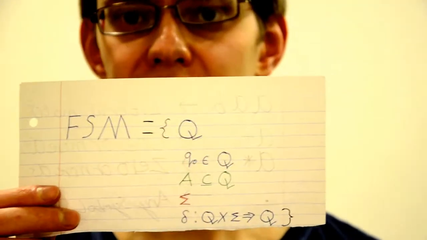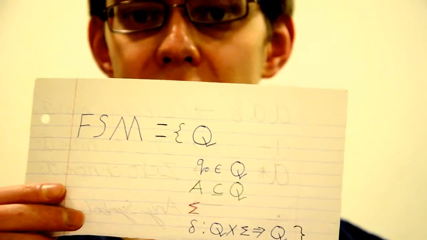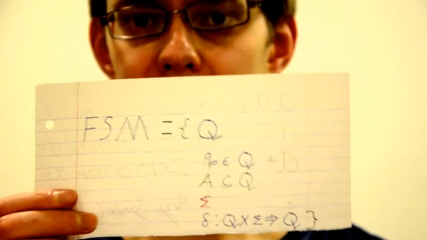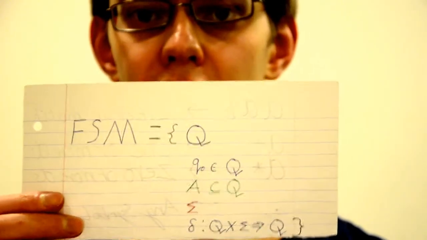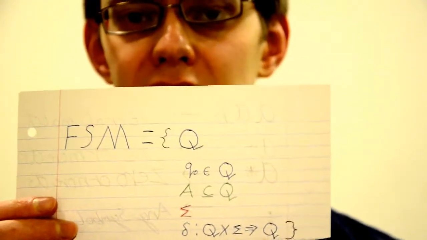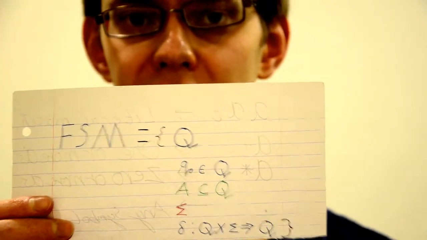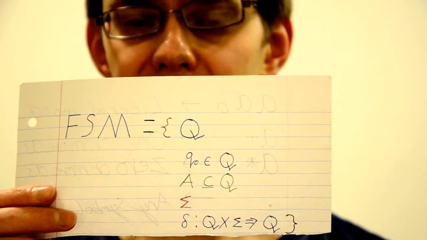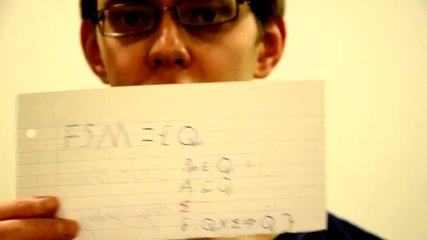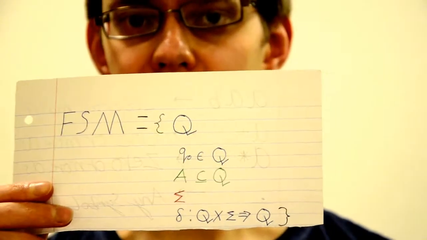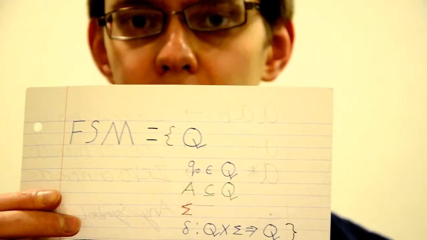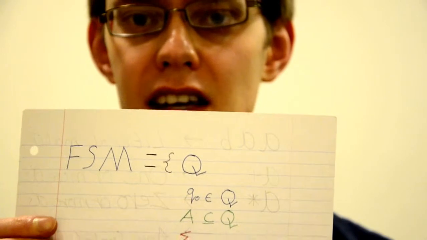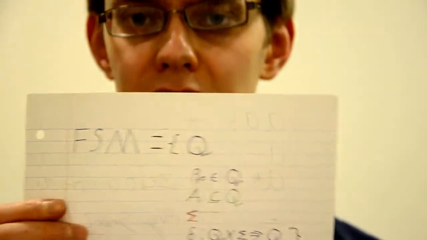And finally, the transition function, which will be of the size of the alphabet times the states, because for every state it has to be able to transition to another state or stay where it is, or at least react, for every symbol in the alphabet.